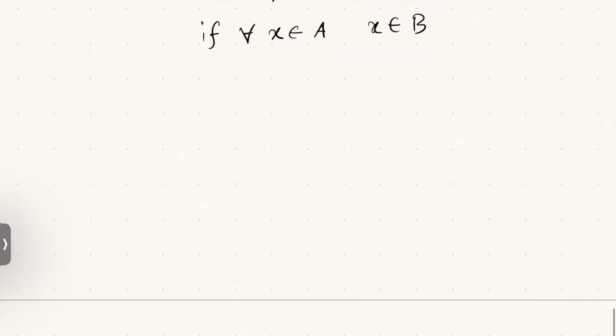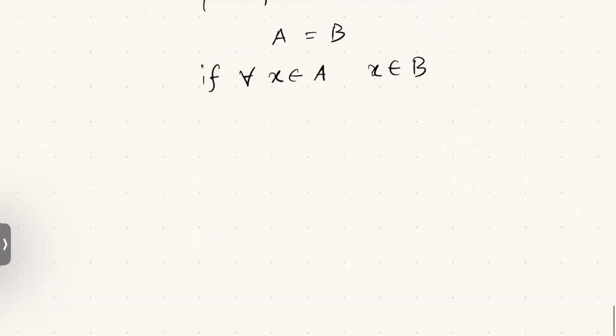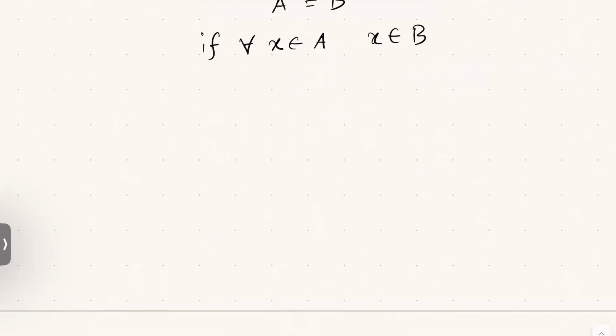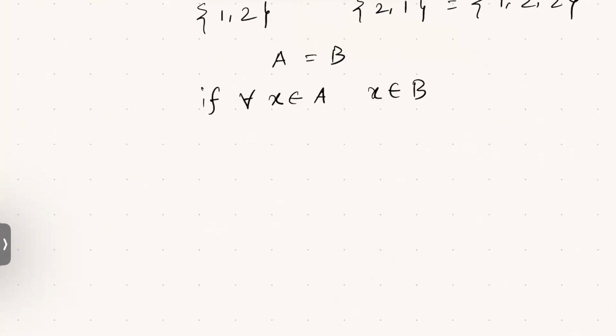Okay. Now, before starting topology, let us consider the idea of interval again. We consider x belonging to the set of real numbers such that |x - a| is less than delta.